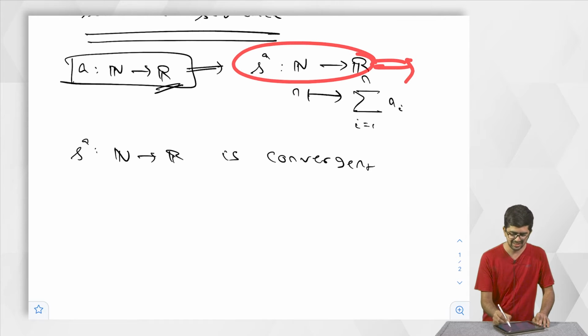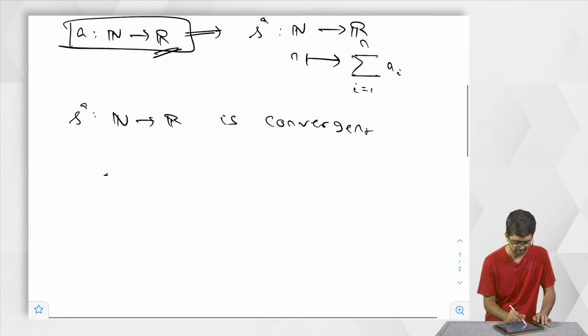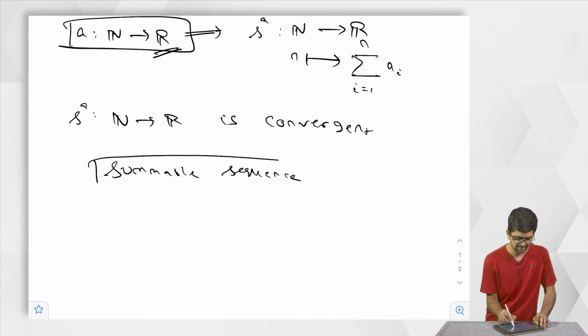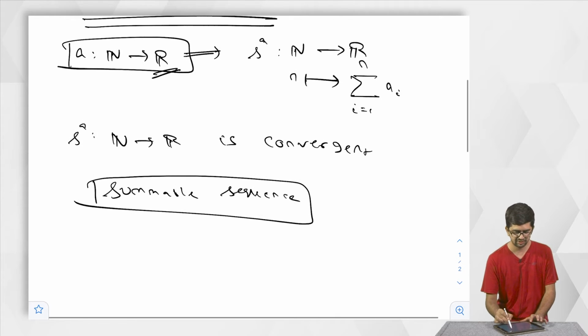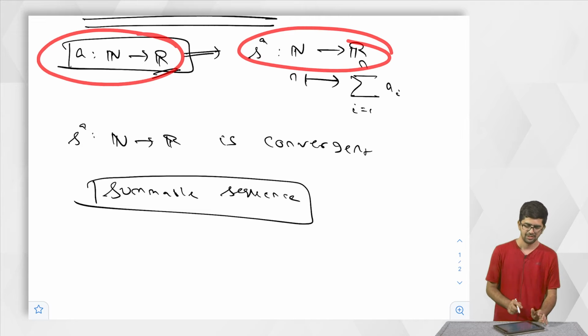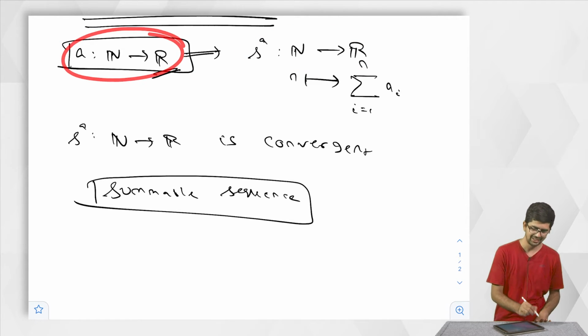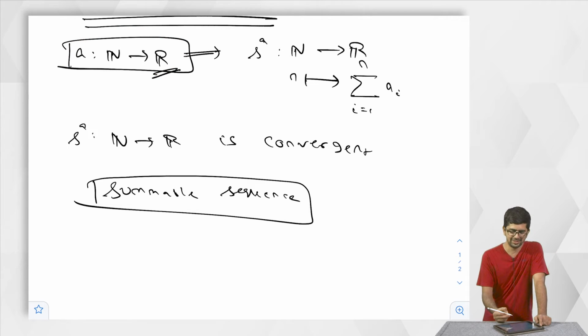If this is convergent, then we will call A a summable sequence. This may be slightly confusing. There are two sequences and we are talking about convergence. So it is not very clear whether we are talking about convergence of this or convergence of this. Maybe in a few minutes it will be clear that convergence of A does not really mean anything here.